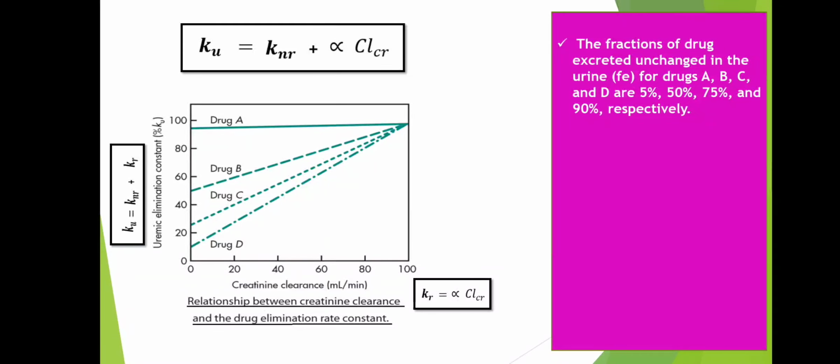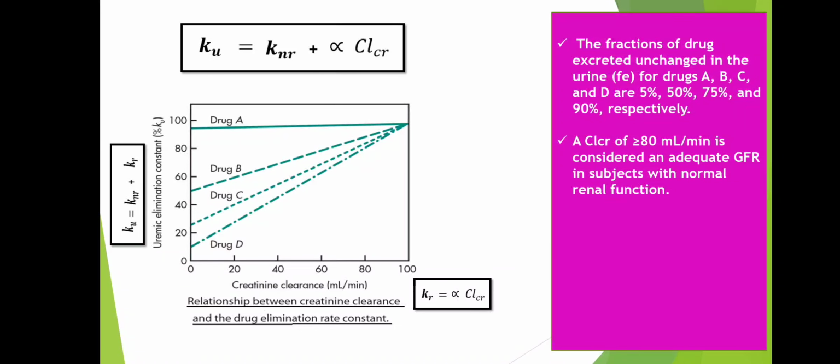Unchanged fraction in urine means it is renal excretion, so this much amount of drug is excreted via the renal route. Drug A is 5% excreted via the renal route, drug B 50%, drug C 75% and drug D 90%.